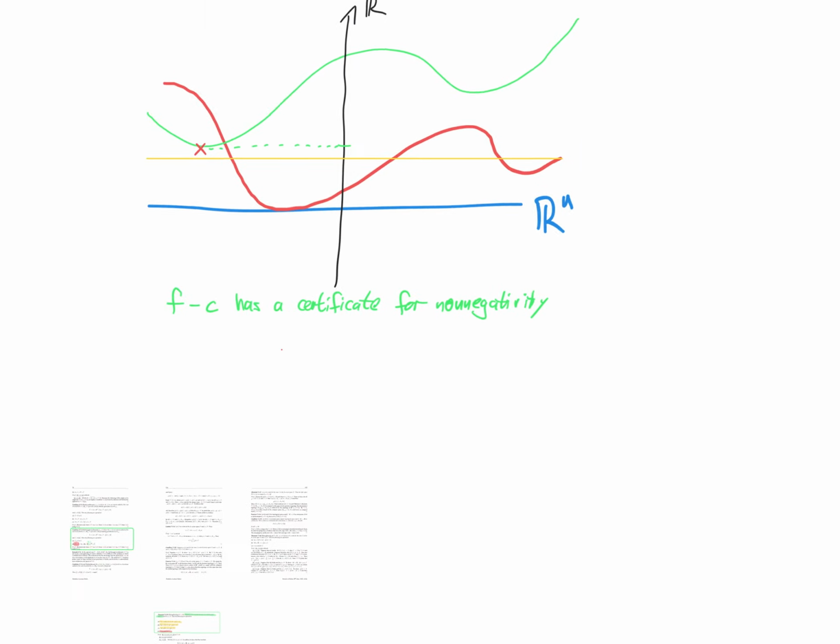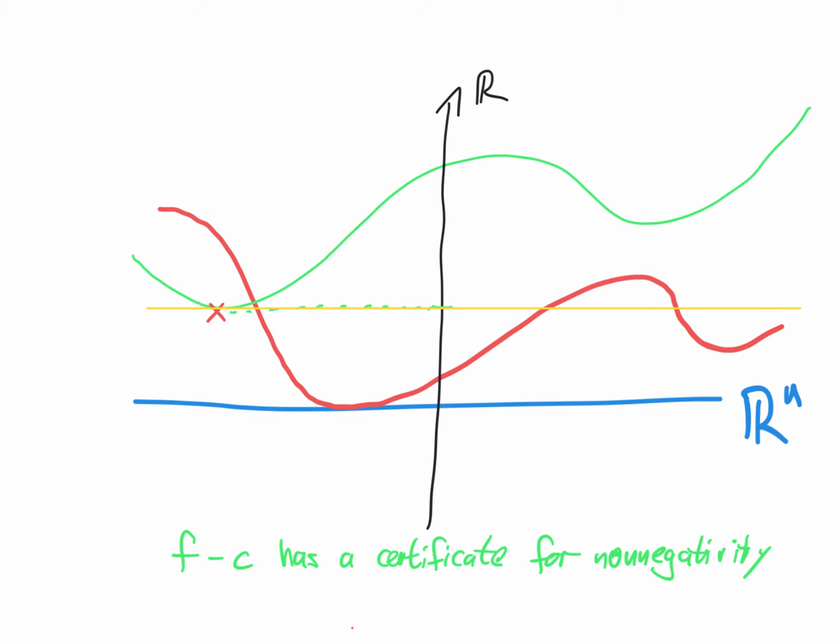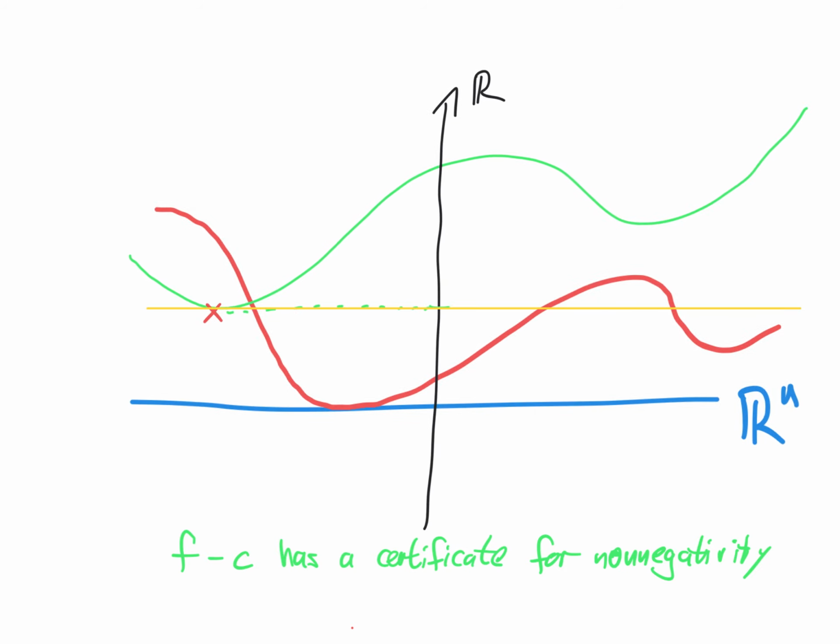Because I know that the green function minus this yellow constant here, since this is non-negative now, has a certificate, and this is one certificate. Its degree cannot explode because it's just one degree, right? So the degree I need for the sums of squares, for example, in this certificate. That's what I mean by this. Okay, that would be much better, right?